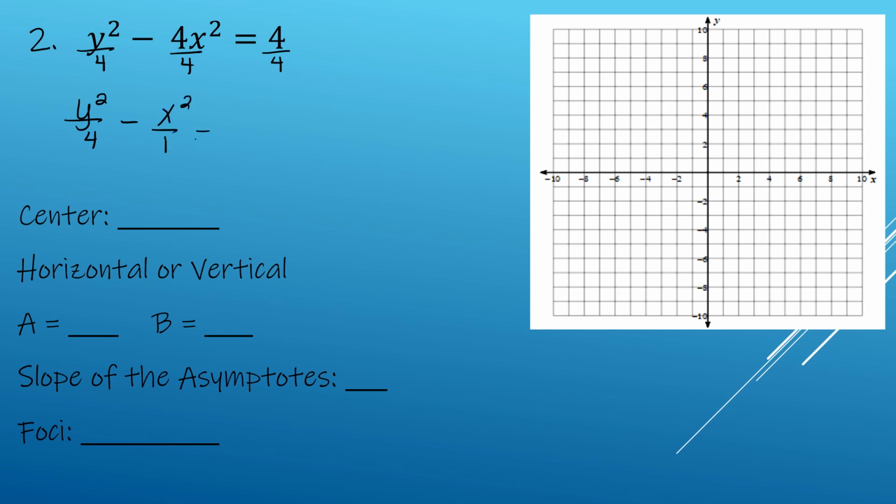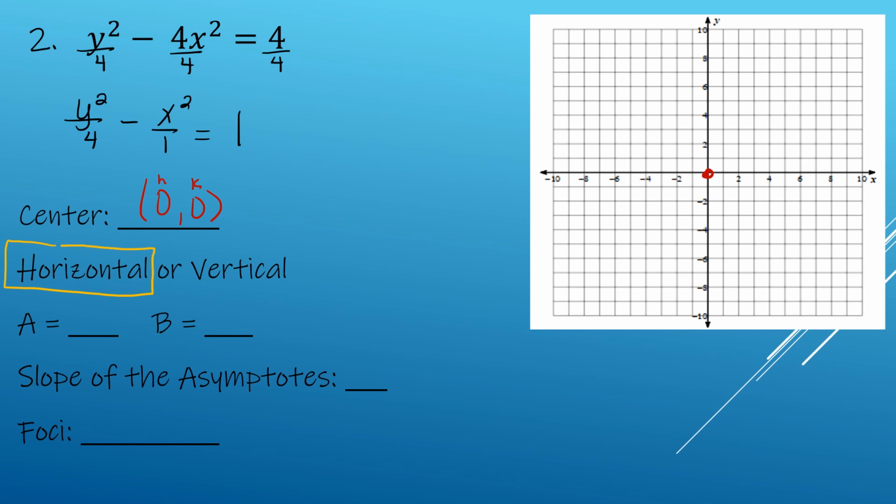You can put the 1 there if you need to see it, equals 1. And again, our center, we're keeping it kind of simple, starting off with the origin as our center, 0, 0. Nothing in parentheses with the y for the k value, nothing in parentheses for the x for the h value of our center.